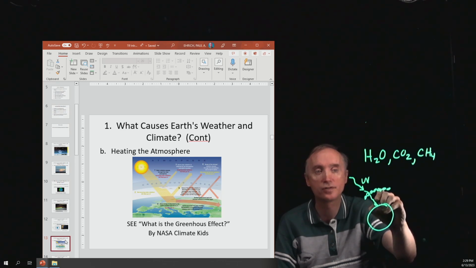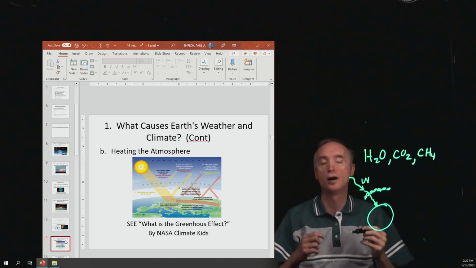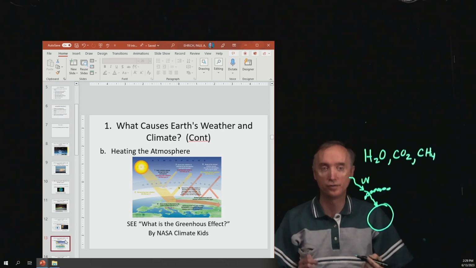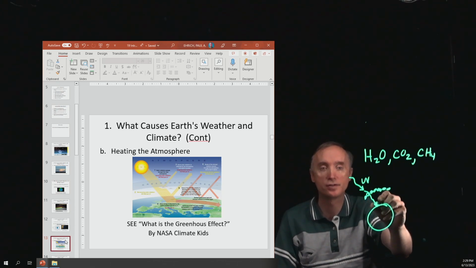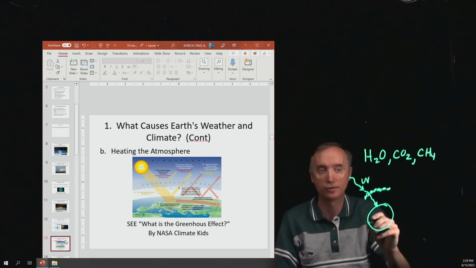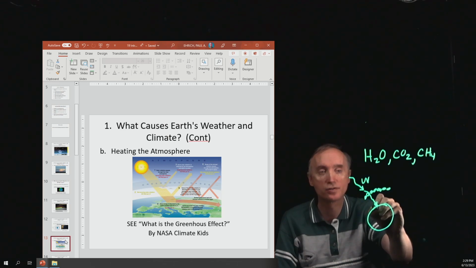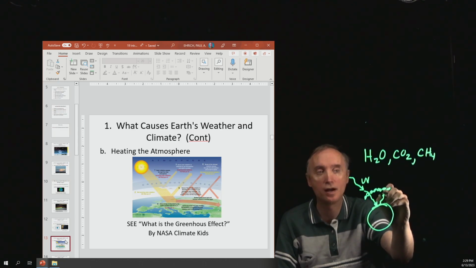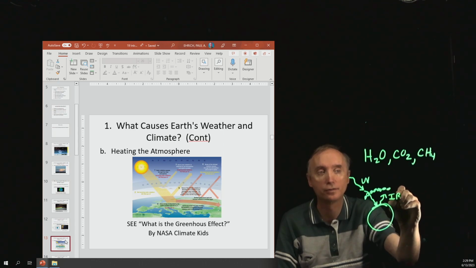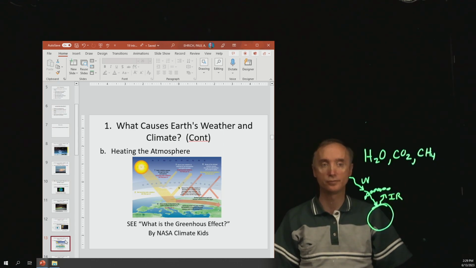Now, I just said that most of the ultraviolet is going to be taken care of by the ozone layer. Well, some of the ultraviolet still manages to make it to the ground. When it reaches the surface of the earth, it's going to heat it up, and then the radiation is going to go back into the sky, but this time it's going to be infrared heat radiation.